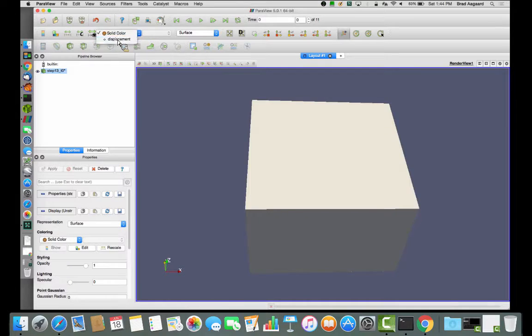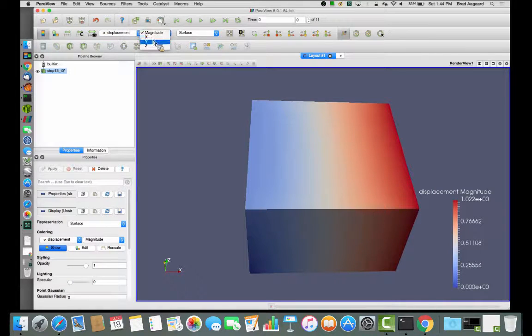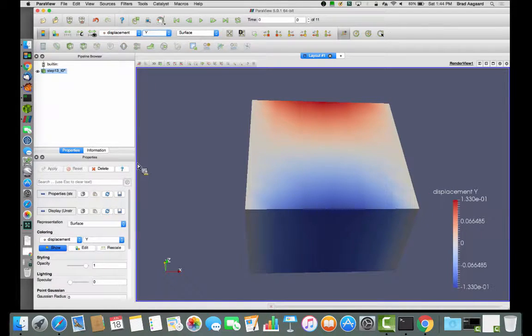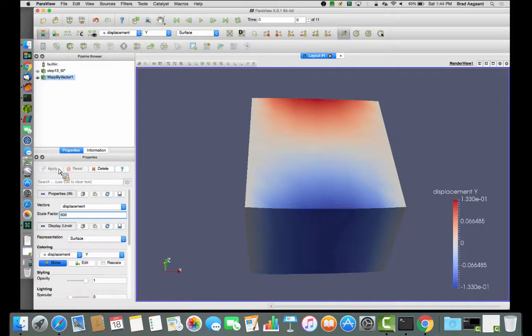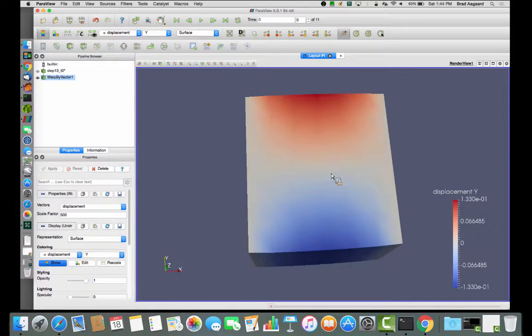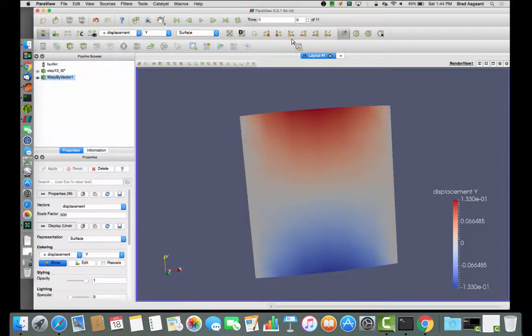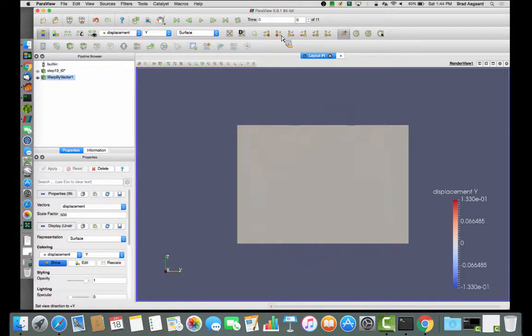Let's color the y displacement, and let's warp it by a factor of 500. So I will step through these.